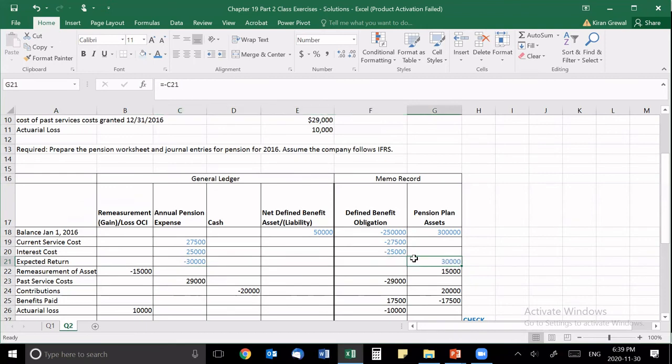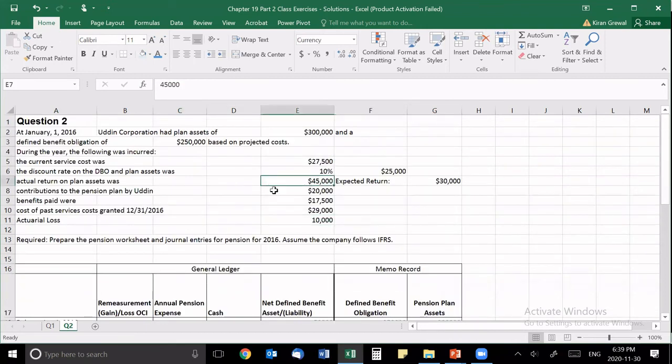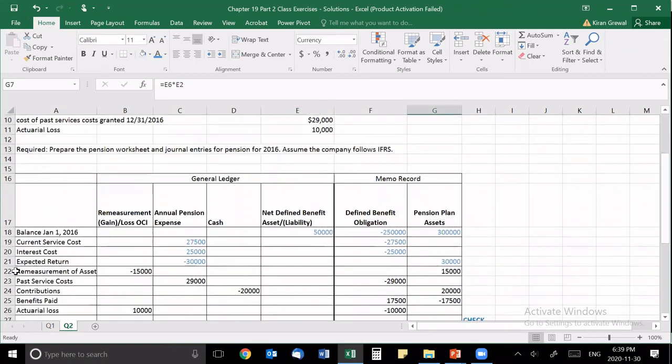We want $45,000 of the actual return to go into our pension plan assets, but we're going to do it in two steps instead of one. Under ASPE, you took this 45,000 and debited pension asset, but in IFRS, we're doing it in two parts: first the 30,000, and then the remeasurement of our asset, which is where the difference between expected and actual return comes in.